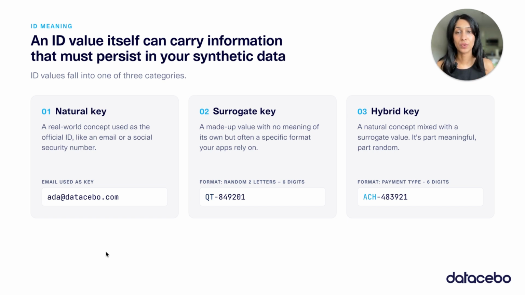This is a natural concept in finance. But then there's a dash, and the last 6 digits are completely random surrogate values. Other domains might have similar business IDs, but with different concepts embedded into them. For the hybrid key case, it's important that the synthetic data captures not only the overall format of it, but also these natural concepts that are embedded inside it.